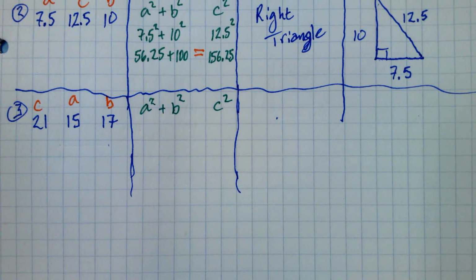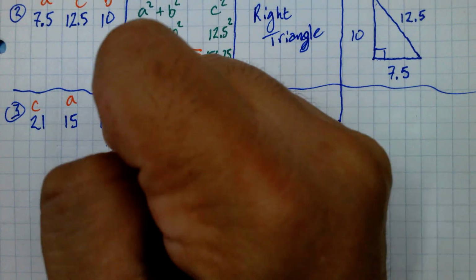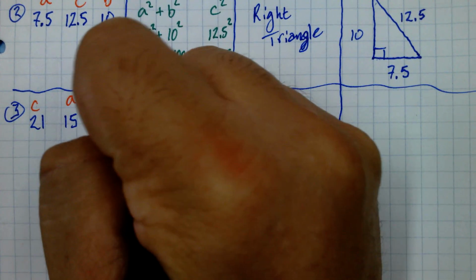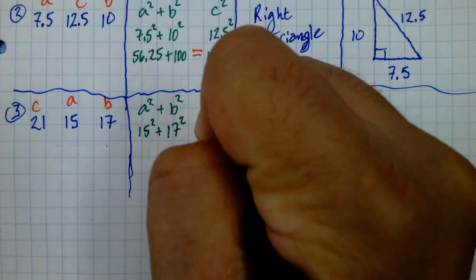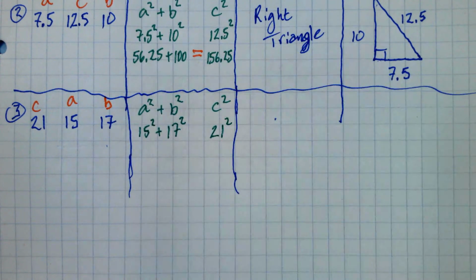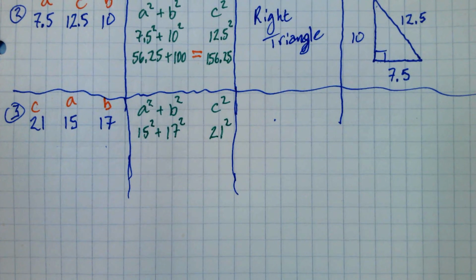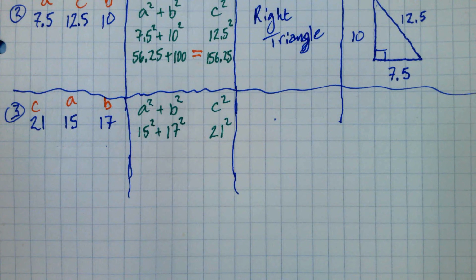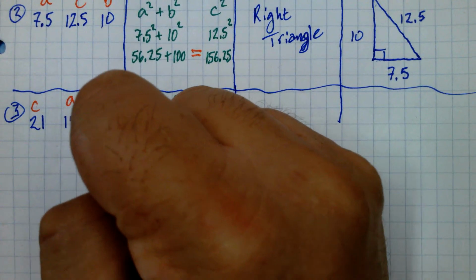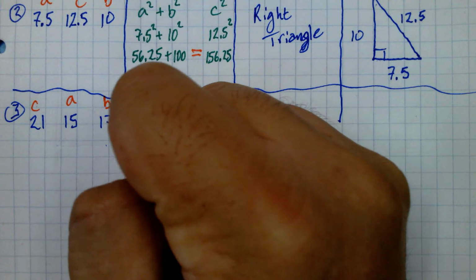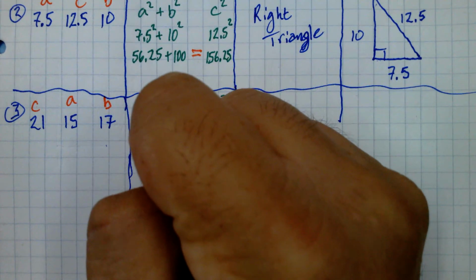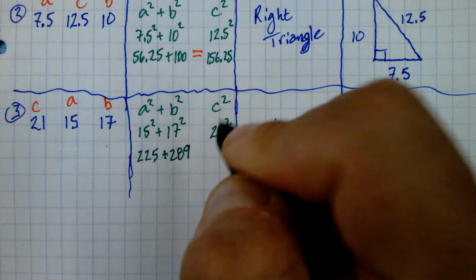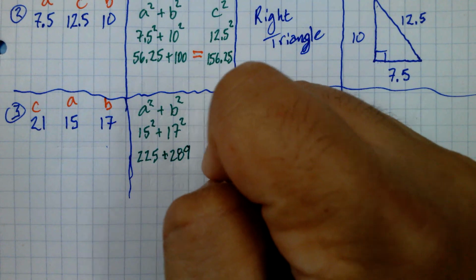What do we got? So we want 15 squared plus 17 squared compared to 21 squared. All right. So 15 squared, that's 225 plus 289. Thank you. And then 441?